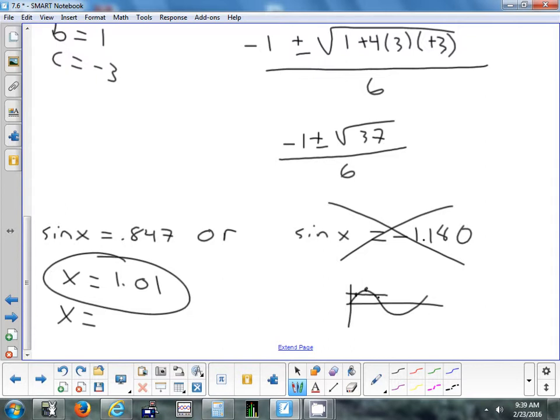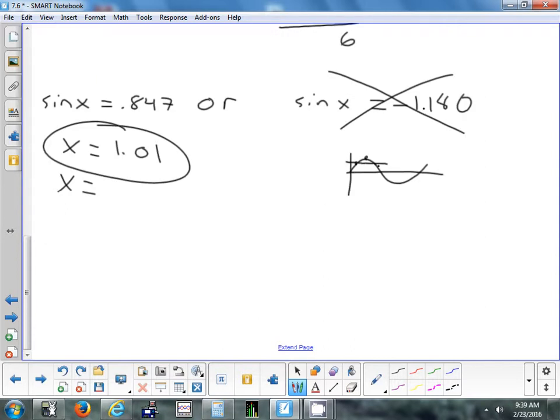Now, what other quadrant is sine equal to a positive number? Quadrant 2. So you just told me we're going to be in quadrant 2. What do the directions in quadrant 2 say to do? 180 minus the reference angle.